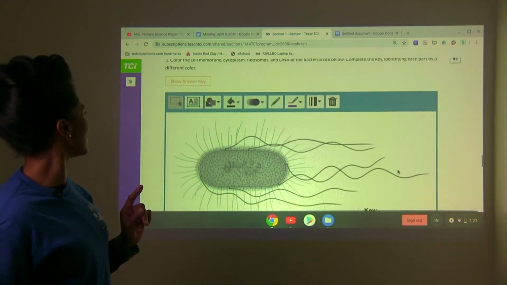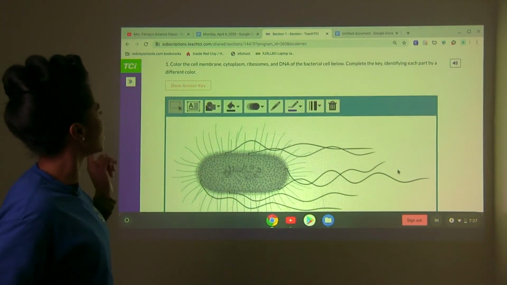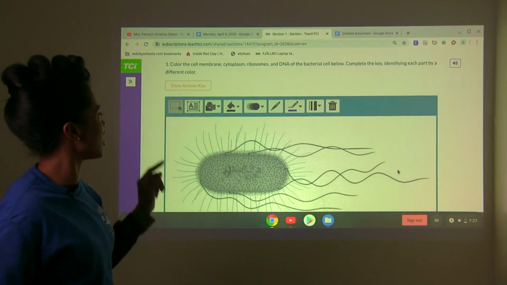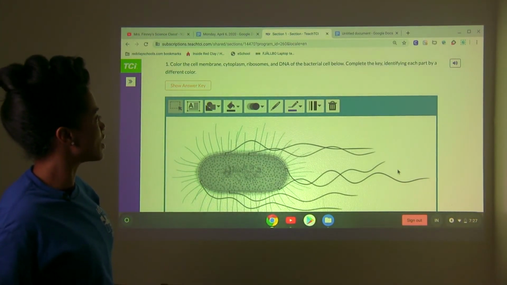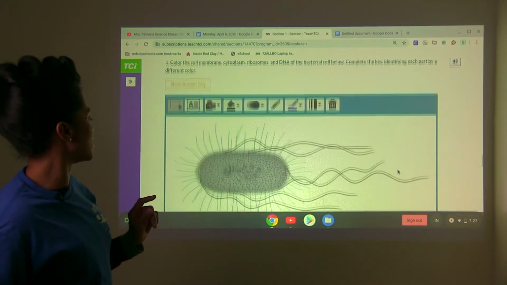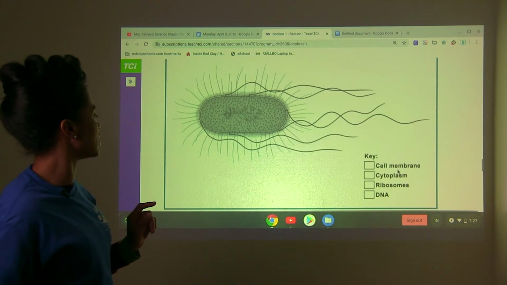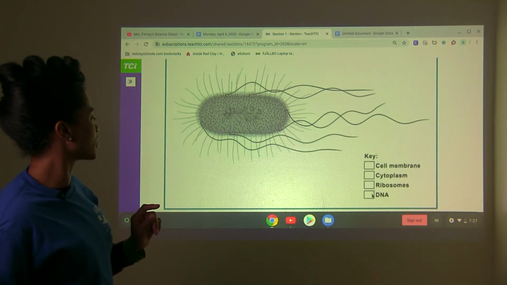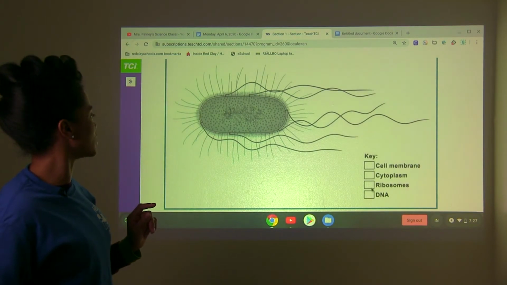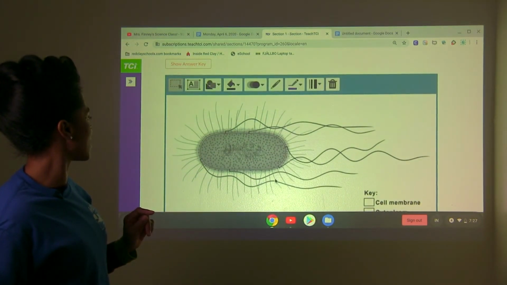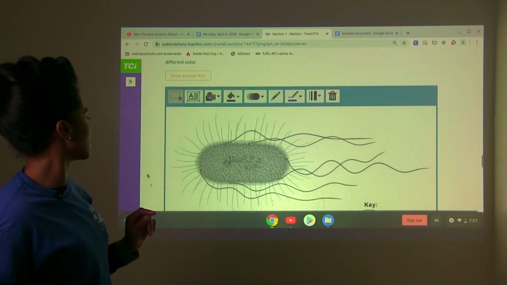All right, so now that you saw that, that was a little giveaway. Right down here, it says color the cell membrane, cytoplasm, ribosomes, and DNA of the bacterial cell below. Complete the key, identifying each part by a different color. So here's the key. All right, so you want to pick a color for each of the 4 parts of a bacterial cell, and then you want to add that color to this bacterial cell.